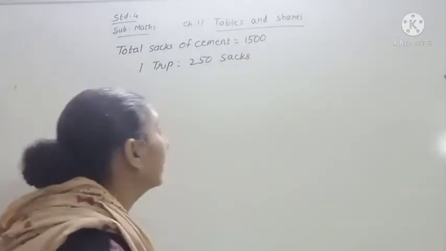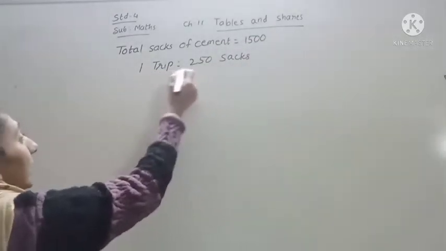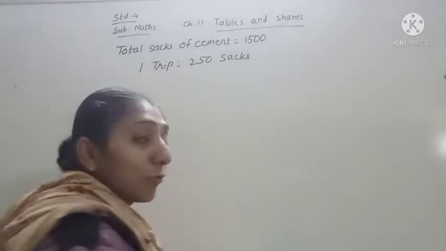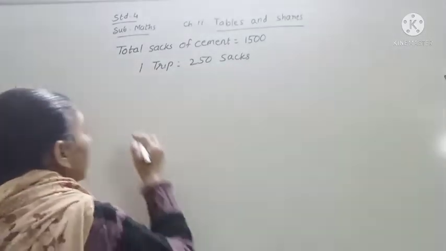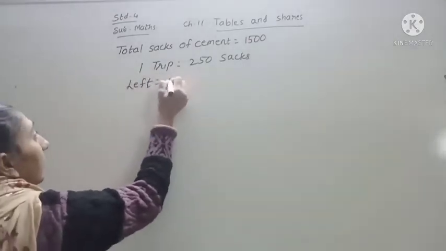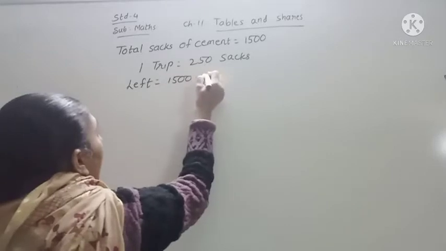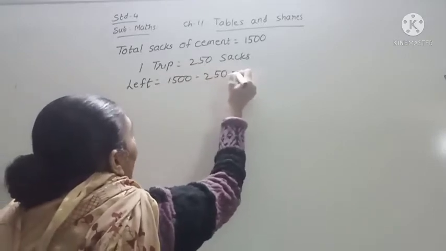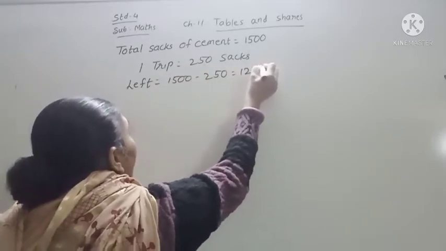So let us calculate. Now in one trip the truck carries 250 sacks. So how many are left? 1500 minus 250 is equal to 1250.